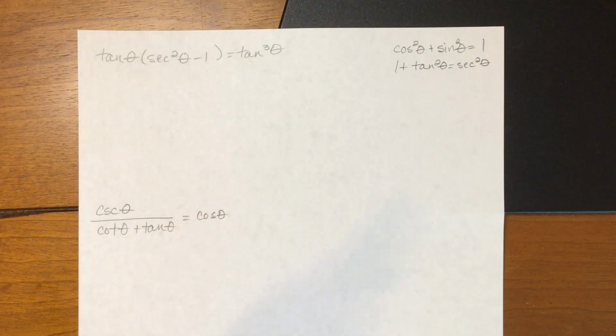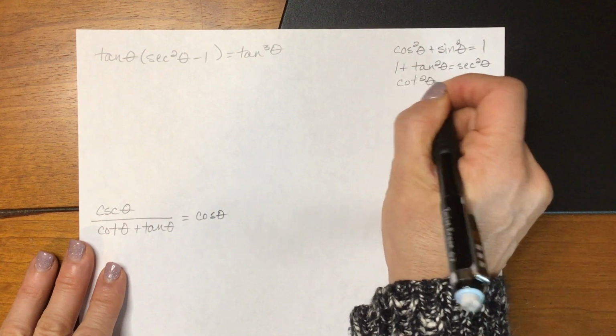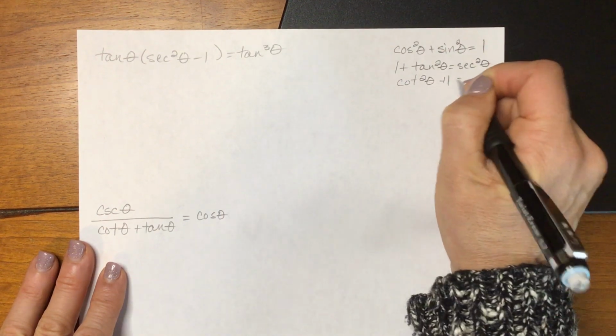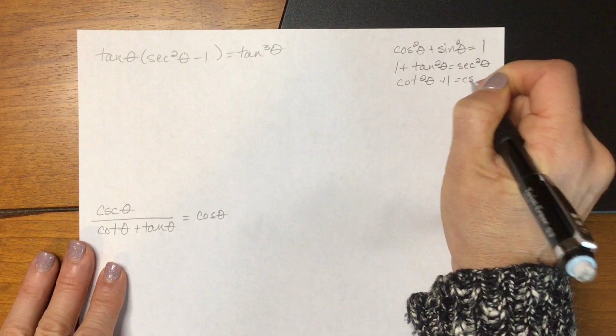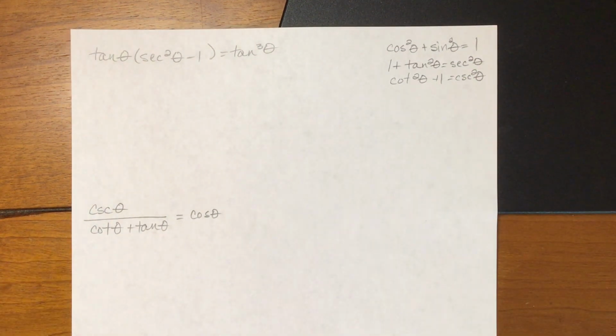So now every time I see tangent or secant squared together, I think, well, can I relate them together and rearrange this Pythagorean identity in order to simplify it? And then last but not least, we have cotangent squared theta plus 1 equals cosecant squared theta. So here's one that relates cotangent squared and cosecant squared.